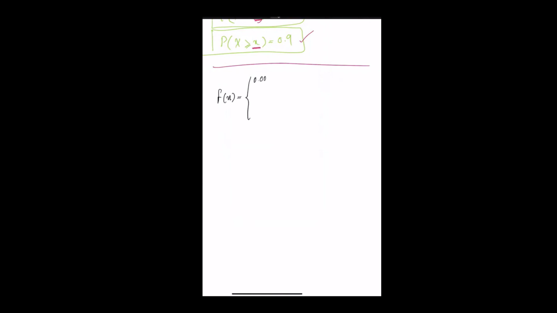One of them is this, when x is between 30 and 50, and one of them is this, plus, when x is between 50 and 70.